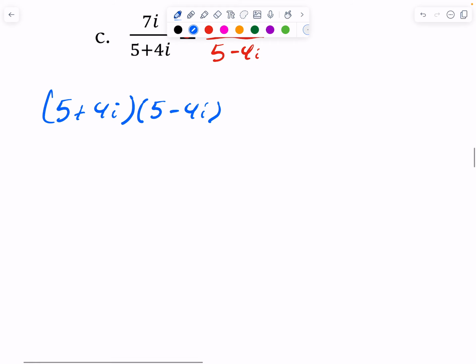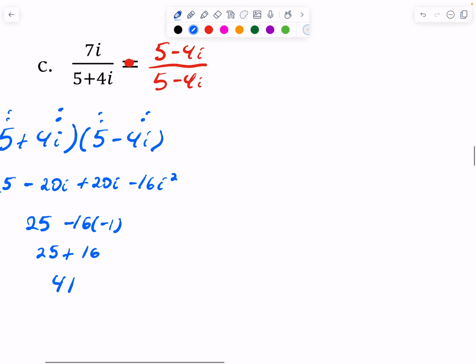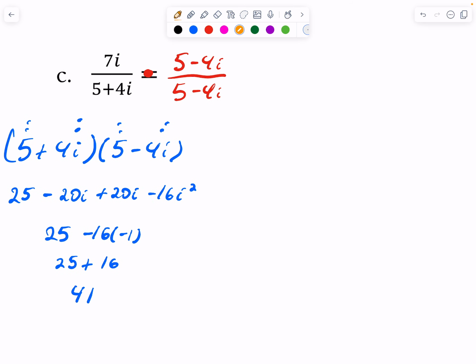Again, we know the middle pieces will be gone, so 5 times 5 is 25. 5 times negative 4i is negative 20i. Then 4i times 5 is positive 20i, there's that 0. And the last 2 is going to be negative 16i squared. So 25 minus 16 times negative 1, which is really 25 plus 16, which is going to be 41. So that's my new denominator.